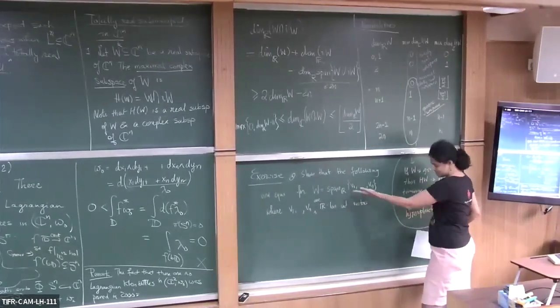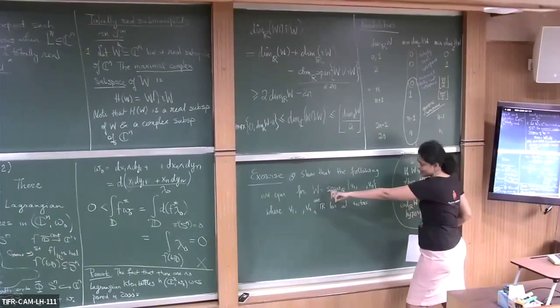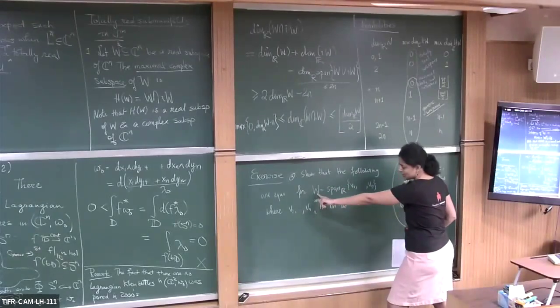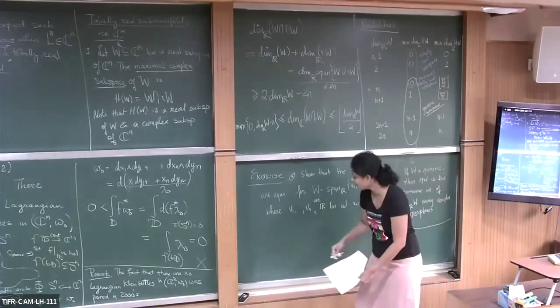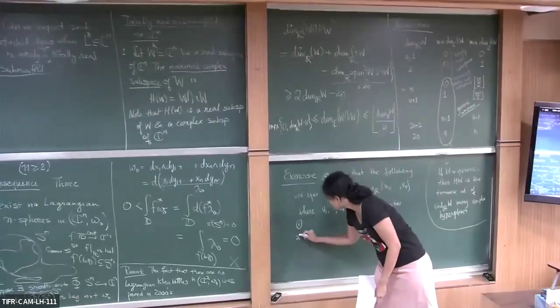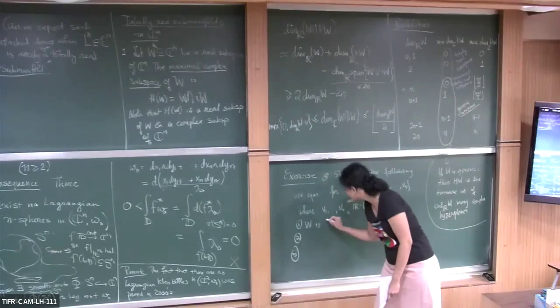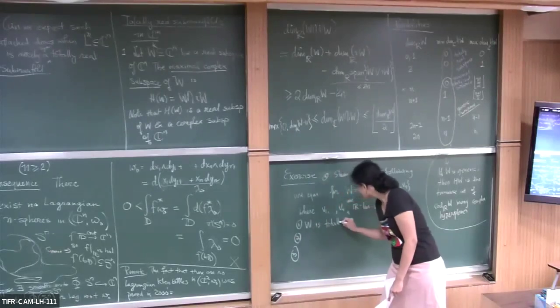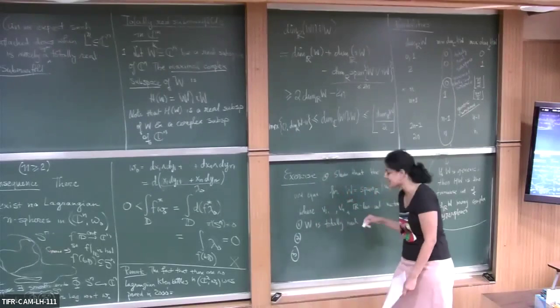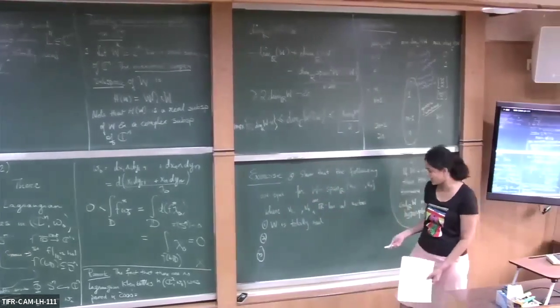I take the span of that. That gives me an n-dimensional space in Cn, and I want you to show that these three are equivalent. One, that W is totally real. The maximal part comes from the fact that it has the right dimension, so there's nothing to check over there.